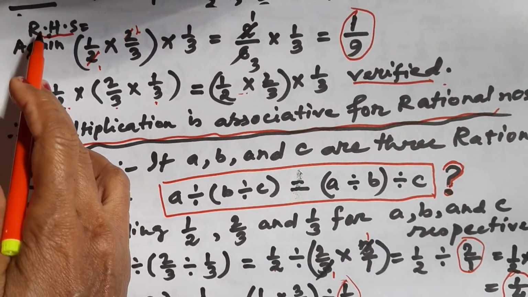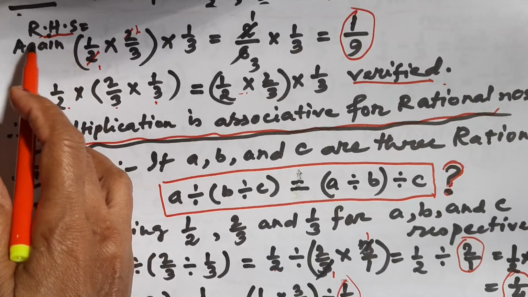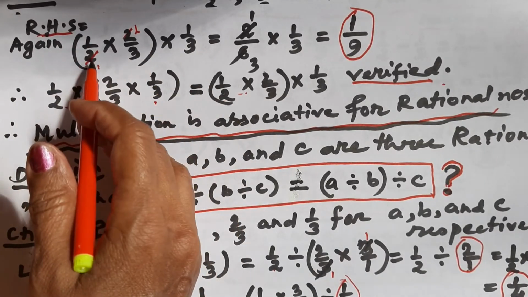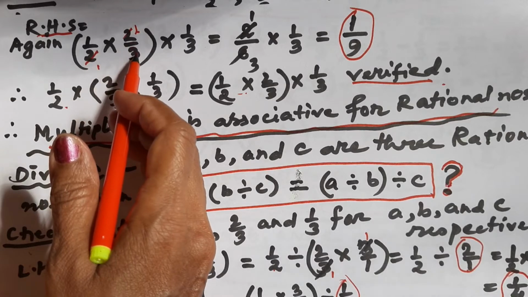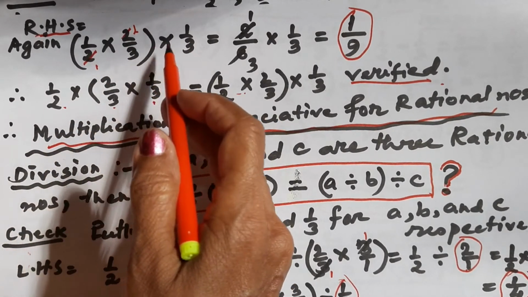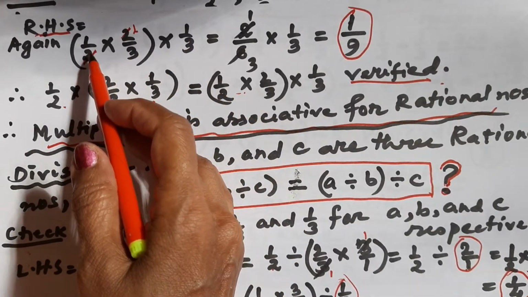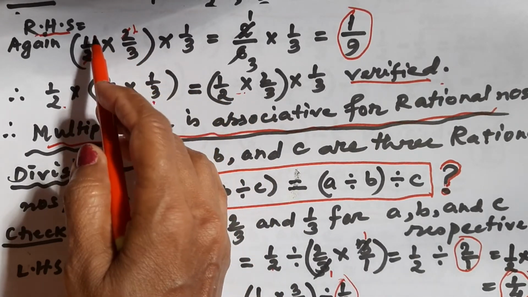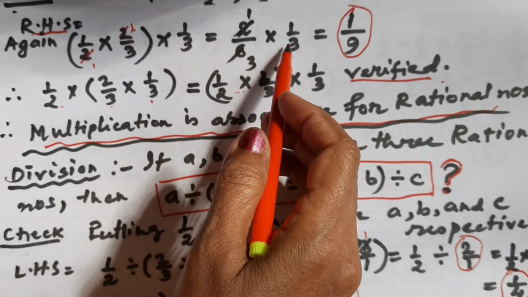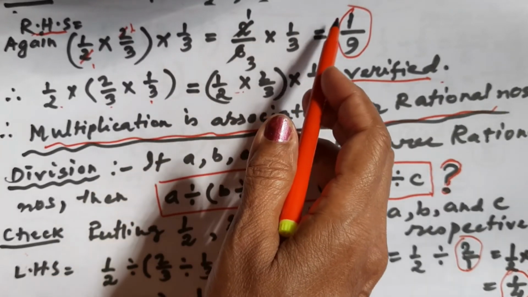Now RHS, that is right hand side, will be (A into B) into C. A and B are within bracket, so (1/2 into 2/3) into 1/3. It will be equal to, the 2s will cancel each other, and it will be only 1 by 3 into 1 by 3. So 3 3s are 9 and 1 1 is 1.